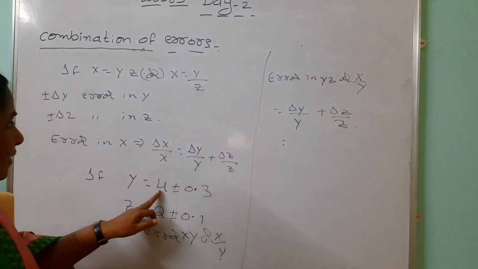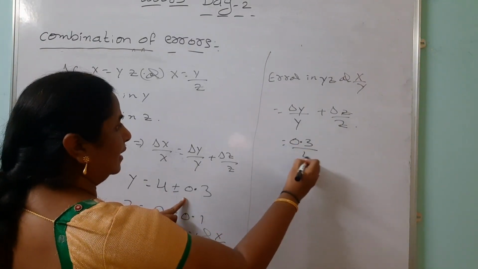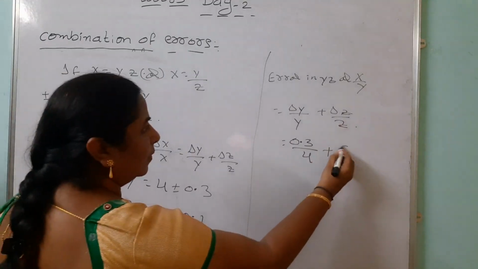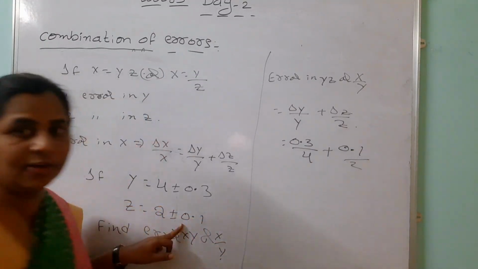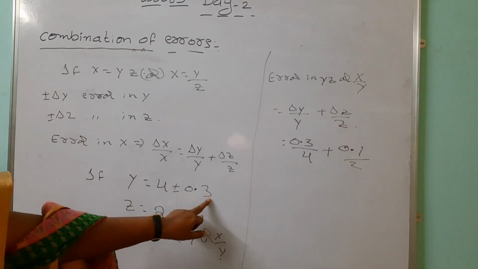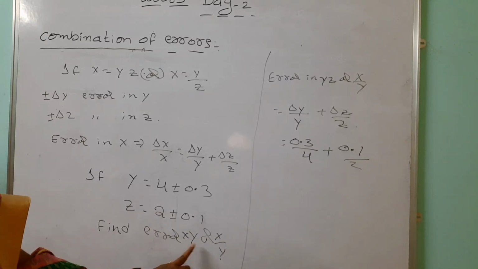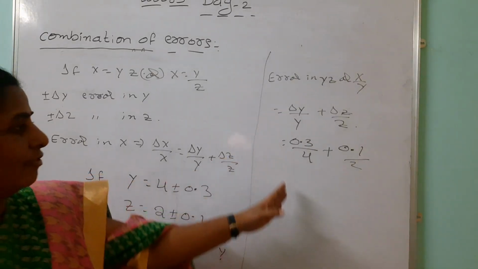So here delta y is 0.3? 0.3 by 4 plus 0.1 by 2. So carefully you should observe the error values. And we have to find out the error in multiplication and division. So this is the formula for that.